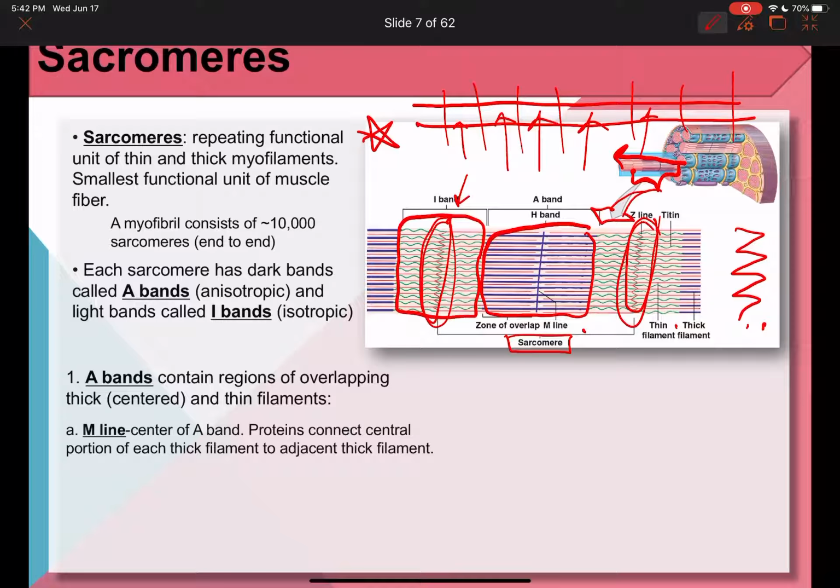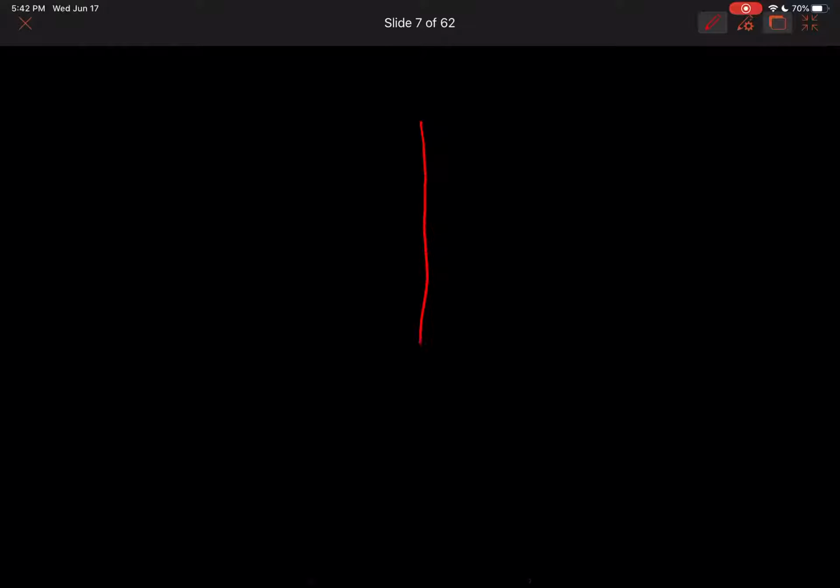The M line is the center of the A band. Okay, so these are proteins that connect your central portion of each thick filament to the adjacent thick filament. Okay, so this right here is the M line. The M line down the middle.